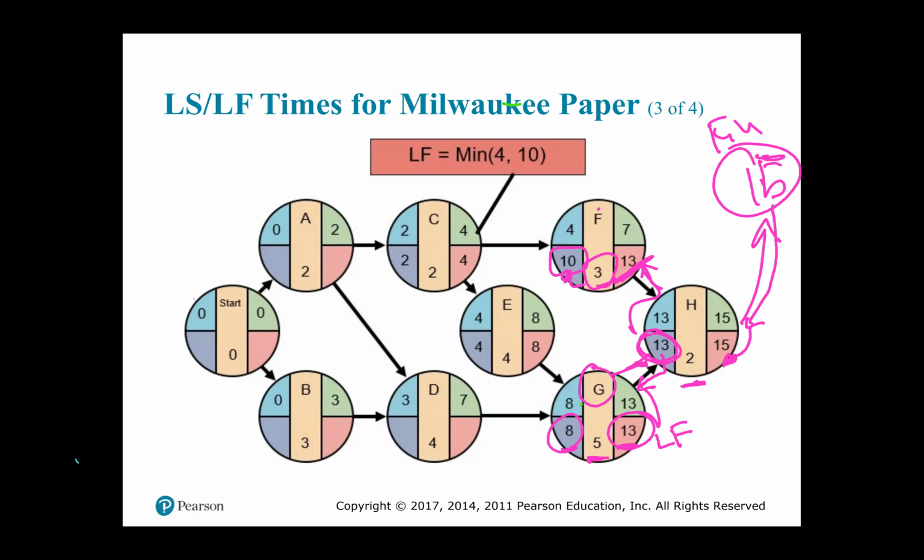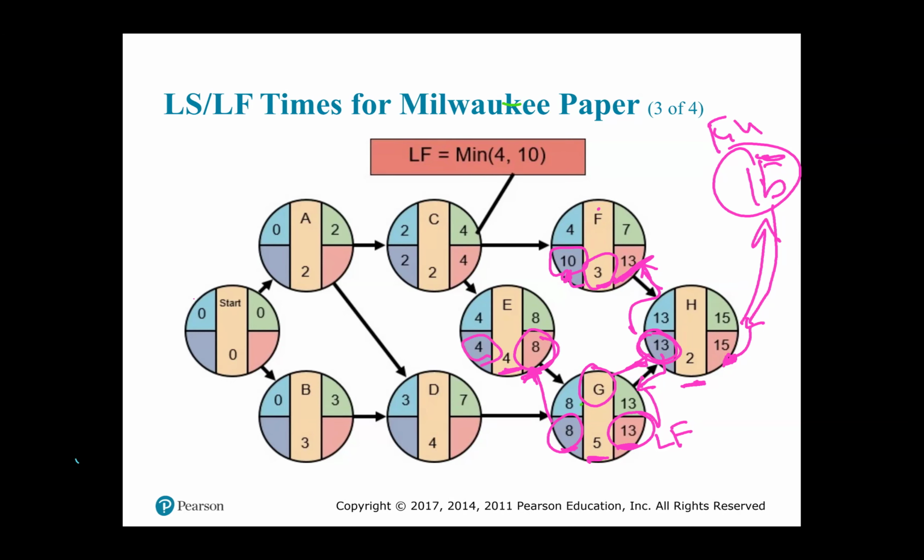Notice I circle the late start in pink in G. You take up that 8, which is the late start from G, and you will backtrack to E. And that late start from G to E, which is the 8, will become the late finish for E. Now, the late finish for E of 8 minus the activity time of 4 gives you the late start of 4 for E.